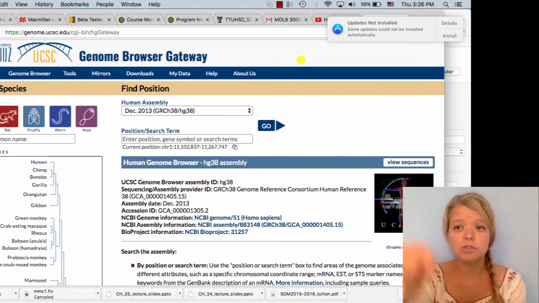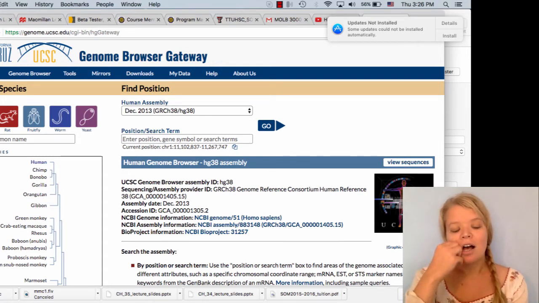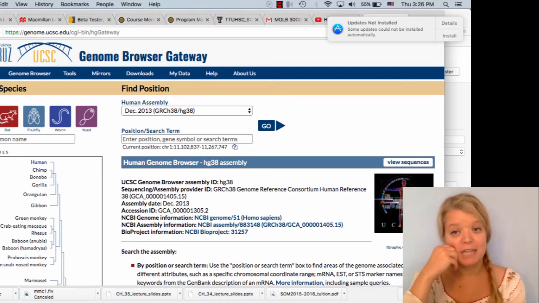I just wanted to show you that you don't need to have any sort of special access in order to look at your DNA. In fact, now you can look not just at humans, but mice, rat, fruit flies, worms, and yeast, which are the holy five of the model organisms: mice, rats to lesser extent, but mice, fruit flies, worms, and yeast.